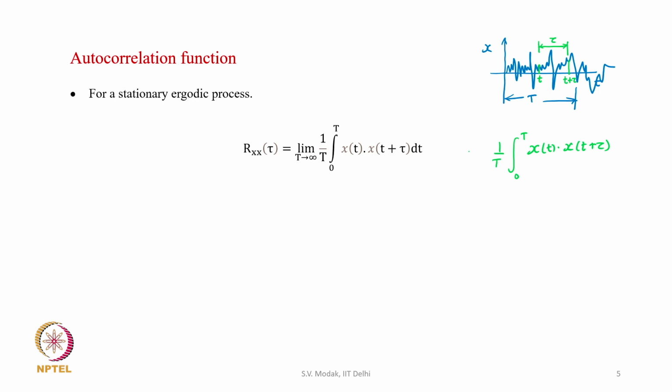And then if we take T to be very long, in the limit tending to infinity, then this becomes the autocorrelation function of the signal.